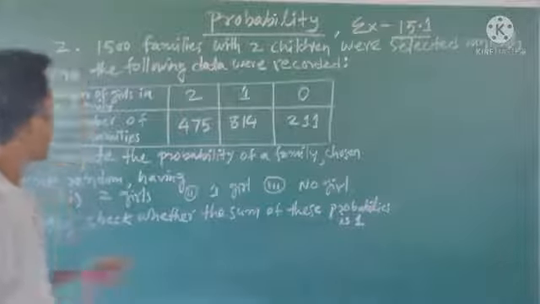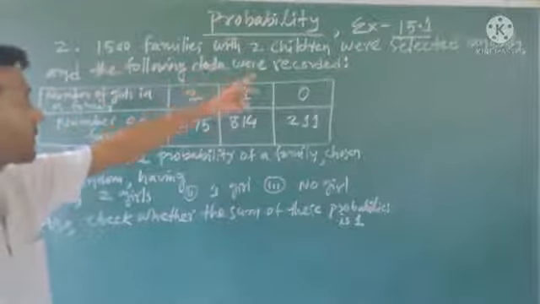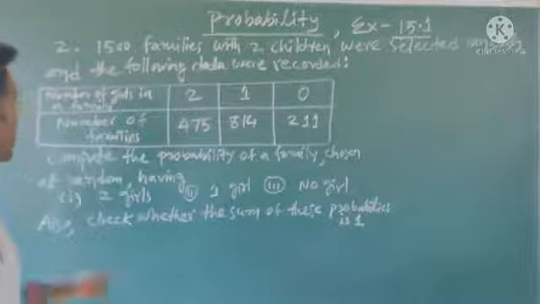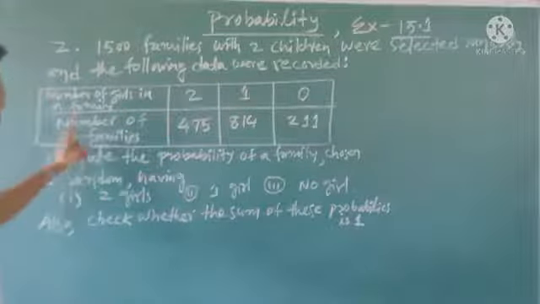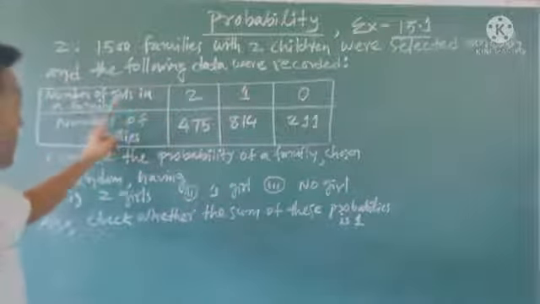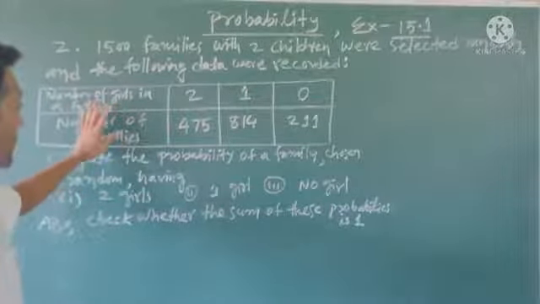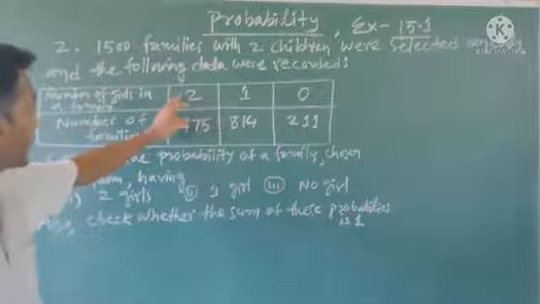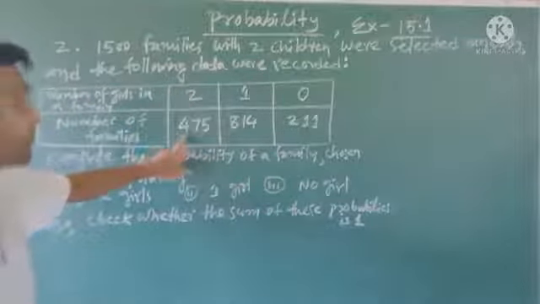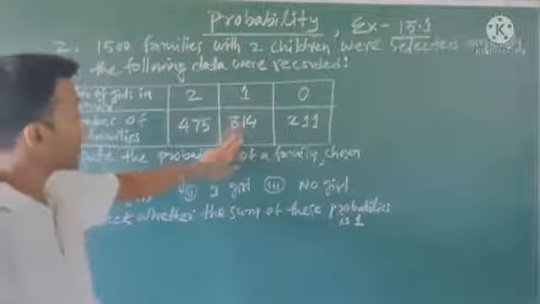Let's see the number 2. 1500 families with 2 children were selected randomly and the following data were recorded. You see, number of girls in a family. Next, number of families. Number of girls in family 2: 475 families. 1 girl: 814 families.